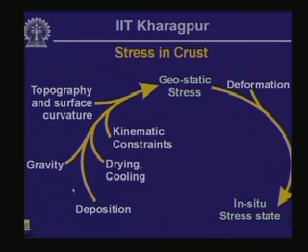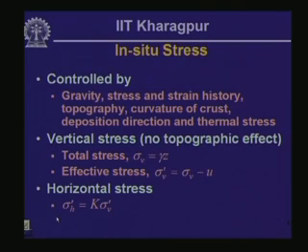Topographic effect, and finally deformation of the rock mass. All these aspects will give rise to an in situ state of stress. This is stated again here in the first bullet. So, in situ state of stress is controlled by all those aspects that we have discussed in the previous slide.